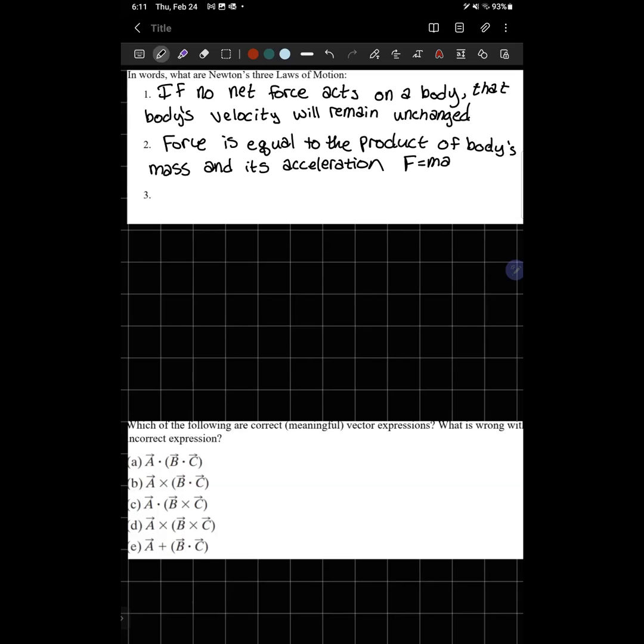So in layman's terms, every force has an equal and opposite force.